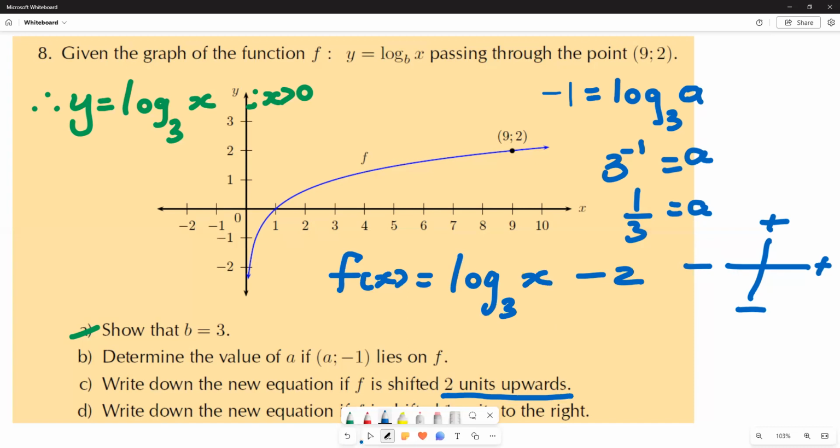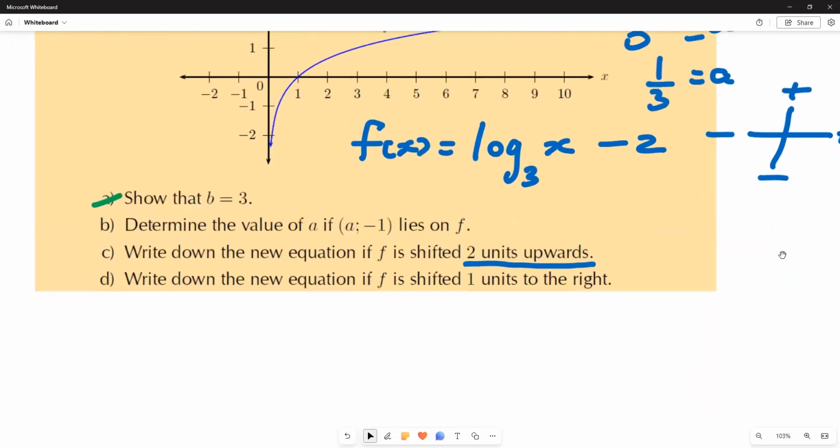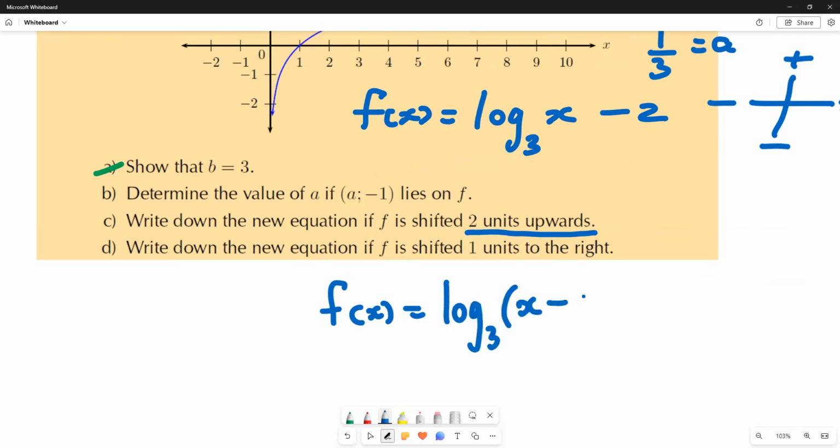Okay. Then let's check the next part. They want us to write down the new equation of f if f is shifted 1 unit to the right. So you're going to have log base 3. Remember, to the right you subtract.